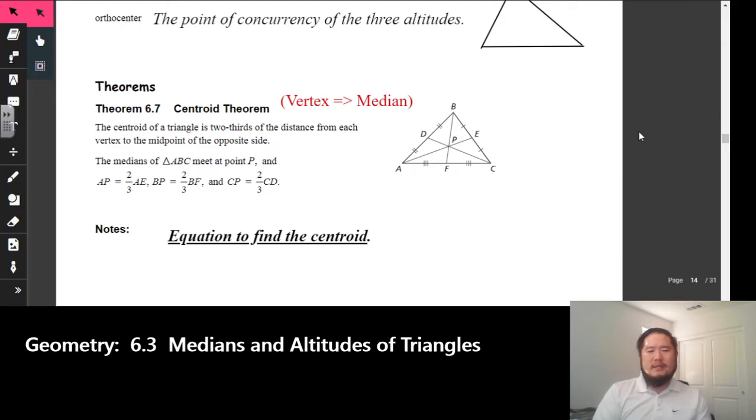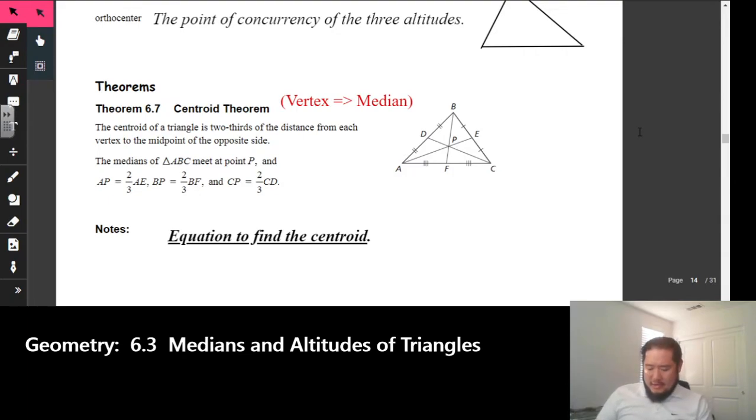So vertex to the middle of the other side. And so I look at this, I know that I'm dealing with centroid, right? Angle A, vertex, segment, bisect. From point B going down to point F, bisect. Point C going to D, bisect. So we've got right here the centroid theorem.